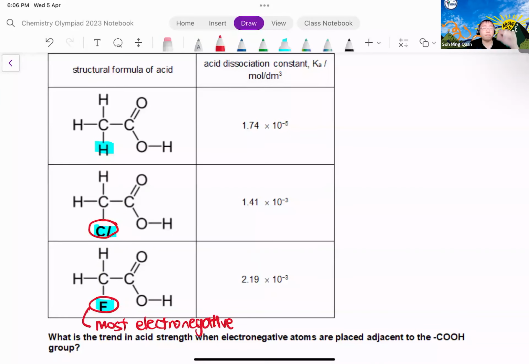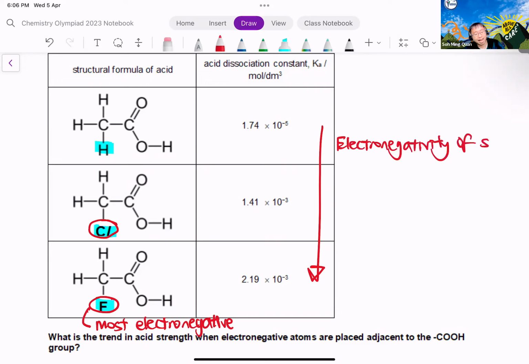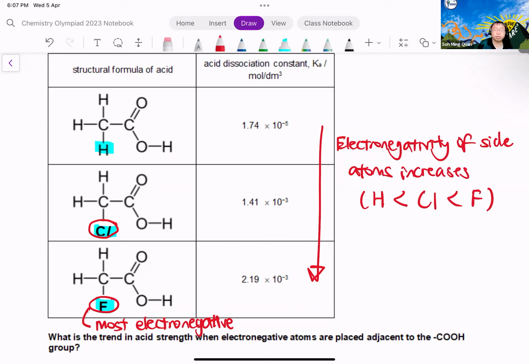Okay, fluorine, most electronegative. So from H to Cl to F, the electronegativity of the side atoms, as we call them, increases. H, Cl, F, right? So what happens when the electronegativity increases?